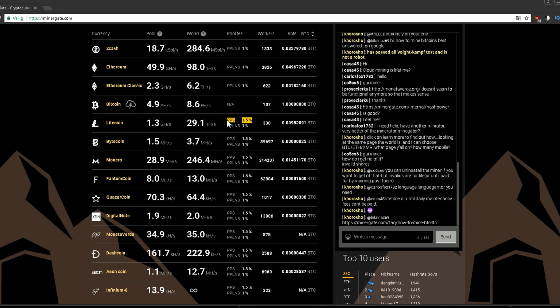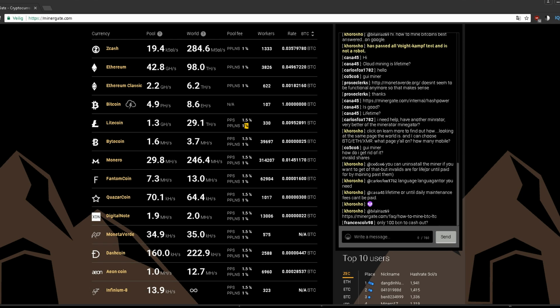And what this means is, for every share that your computer calculates and mines, basically the work that you do, it takes 1.5%. And what PPLNS does is it gives you a reward only once the block has been found, and then charges you a fee of 1%. And there is also a lock factor that you don't have with PPS.